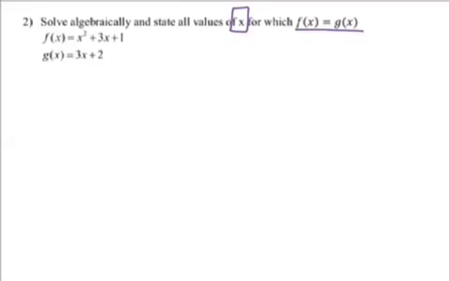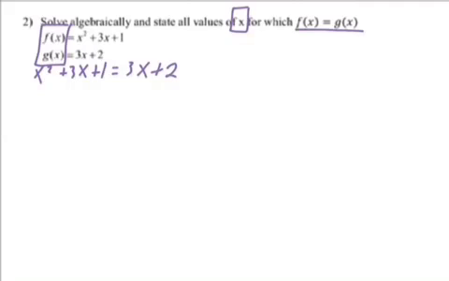When we're solving algebraically, it means to take the equation from f of x and set it equal to g of x, meaning x squared plus 3x plus 1 equals 3x plus 2.